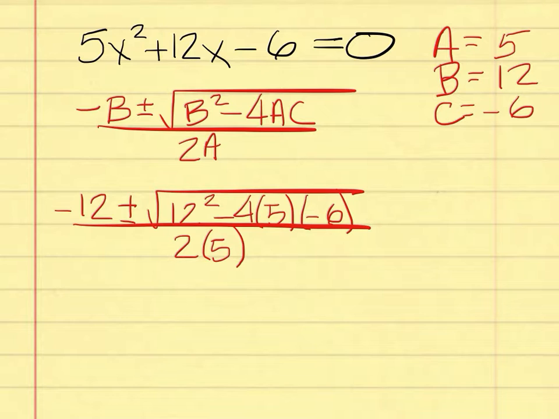So when I start to simplify this, I have a negative 12 plus or minus the square root of what? What number comes up first? What do I write next, Carver?